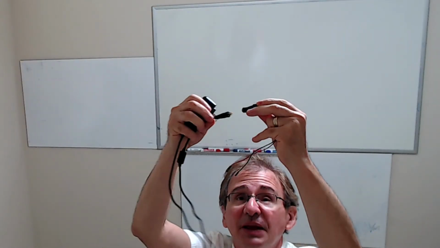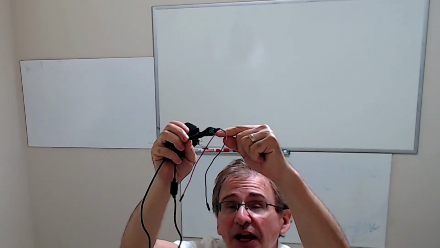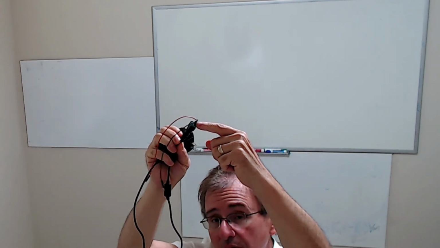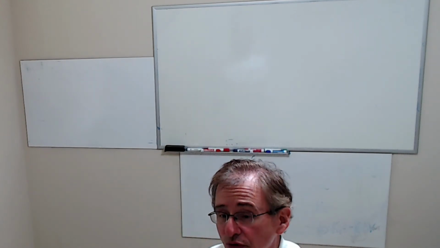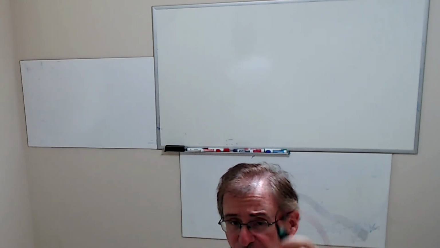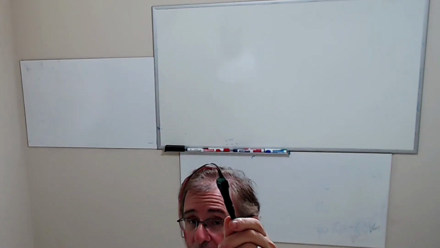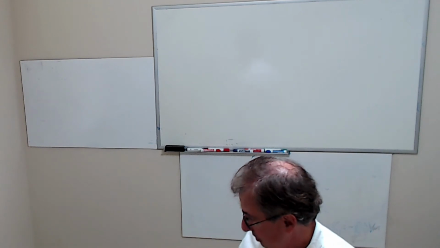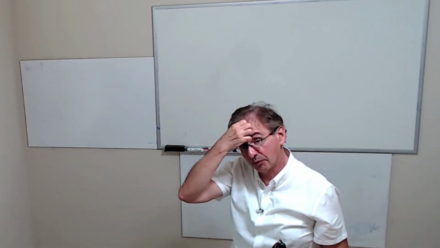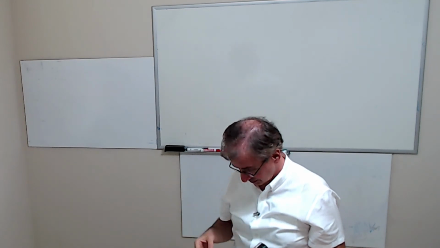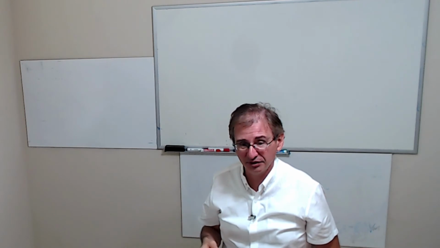So this snaps into place. And then you've got to use wires, and you actually have to screw the wires in. There's little screws here. So you need a screwdriver. Either Phillips head or regular screwdriver will work for you. Okay, so you can hold the wires in place. All right, everybody clear on that? I just want to make sure that's clear so you can actually run your experiment.